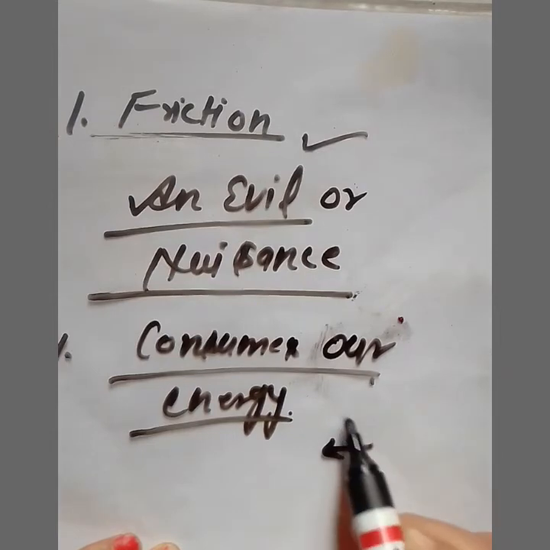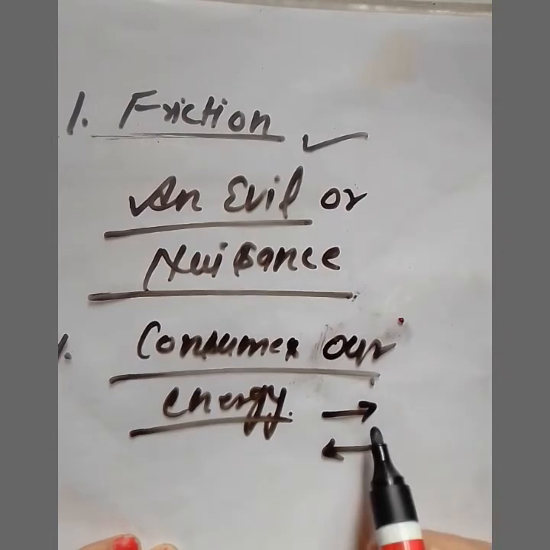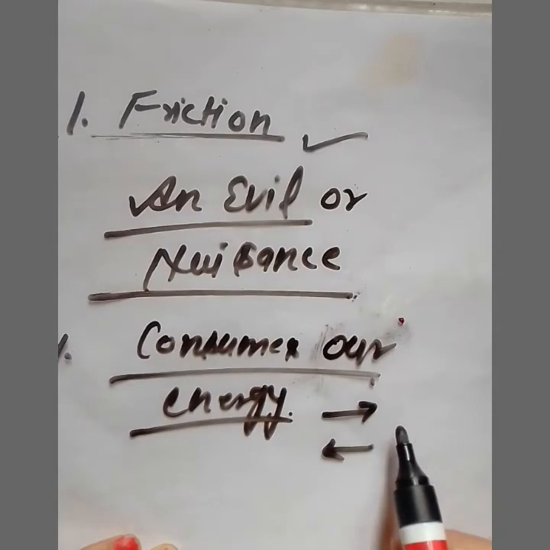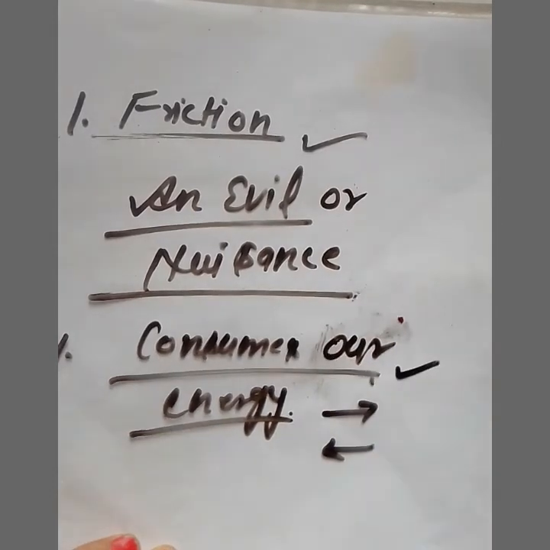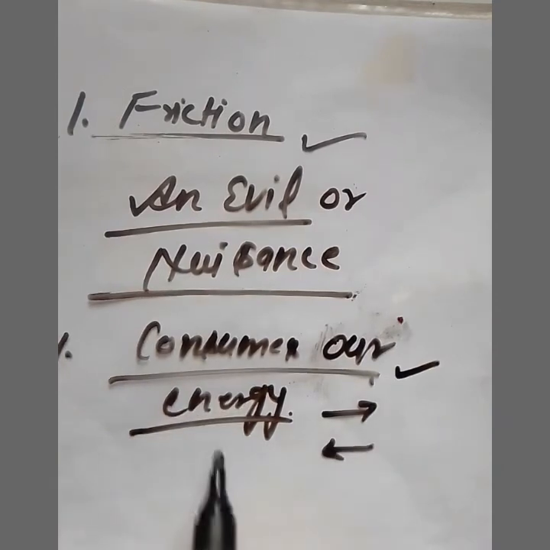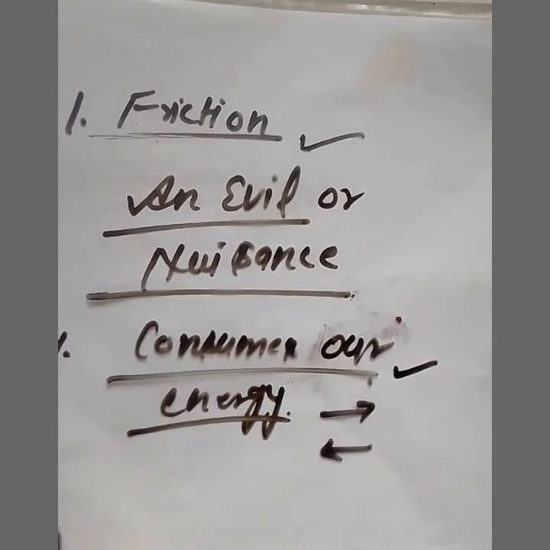So we have to do some effort, apply some force, and use energy on that object, and thus we can say that a part of the energy is lost in overcoming friction. This is the first disadvantage, or nuisance, of friction.